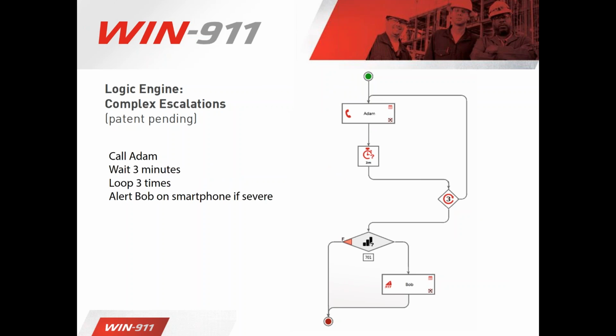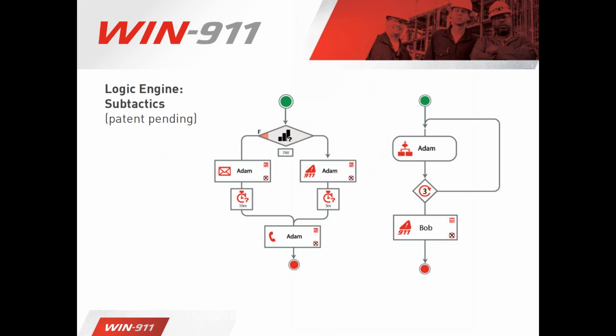We can get even more complex. This shows where we can call Adam in a loop 3 times with delays and then fall through to a decision block that looks for severity and alerts Bob using our mobile app. We also have the ability to create sub-tactics.